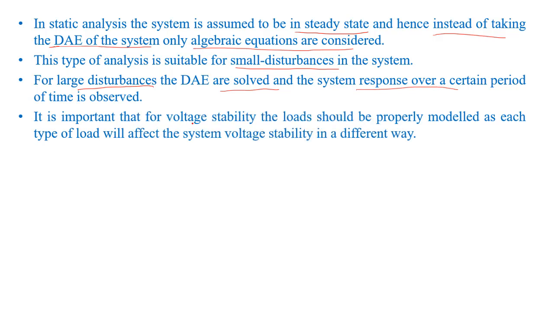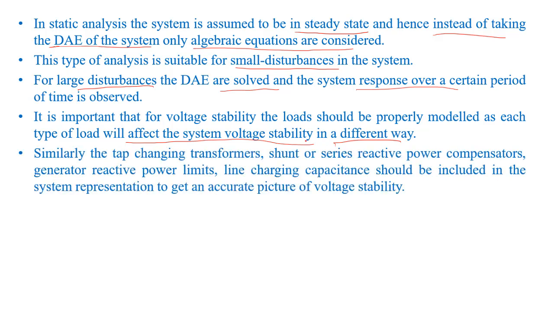It is important that for voltage stability, the load should be properly modeled, as each type of load will affect the system voltage stability in a different way. We'll see how different types of load will affect the voltage stability. Generally, we'll do the analysis considering the constant power load model.